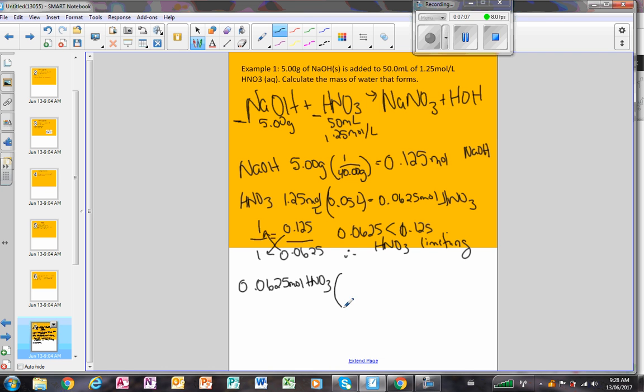We're going to multiply it by our mole relationship for our reaction. So when we're looking at water, we see that there's 1 mole there. So we have 1 mole, and we have 1 mole here of water to give us 0.0625 moles of water.